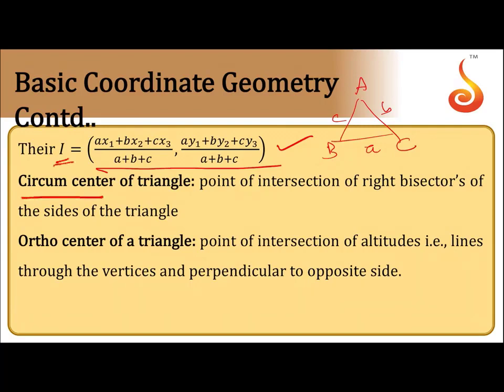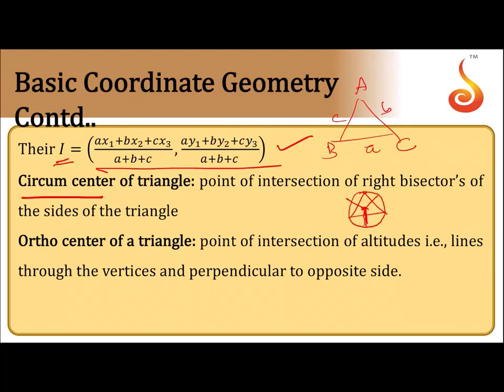Coming to the circumcenter. What is meant by the circumcenter of the triangle? In a triangle, the perpendicular bisectors of the sides meet at one point, and that point is called the circumcenter.